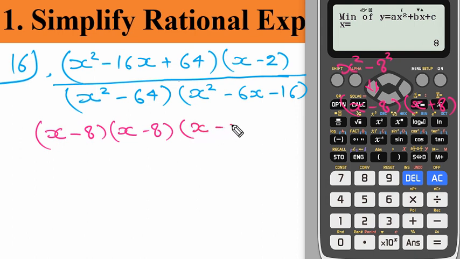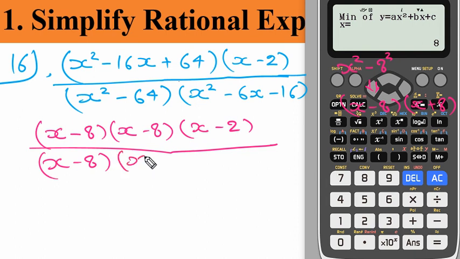In the numerator we have x minus 2 also. By factoring this we got x minus 8 multiply x plus 8. Now we have to factor this also. Let's try for this. So now you know how simple it is.